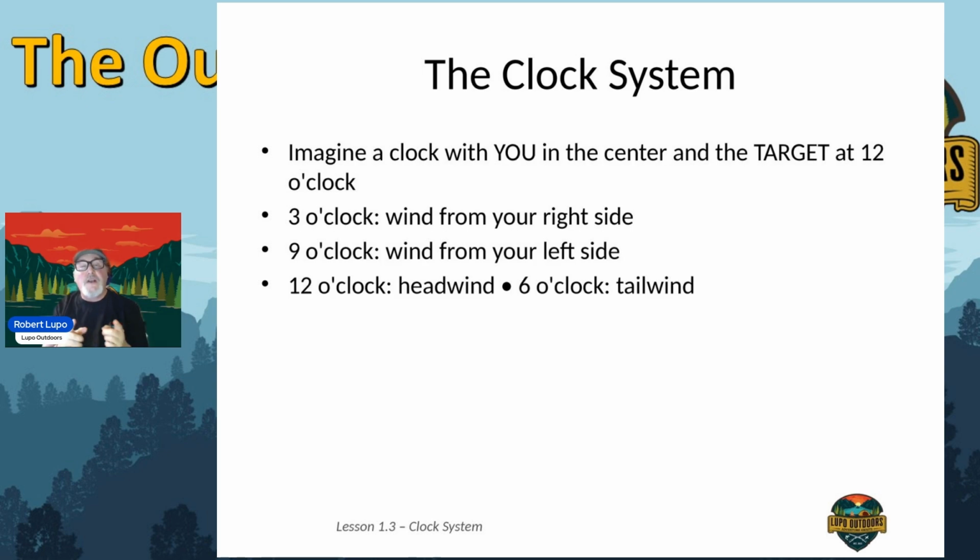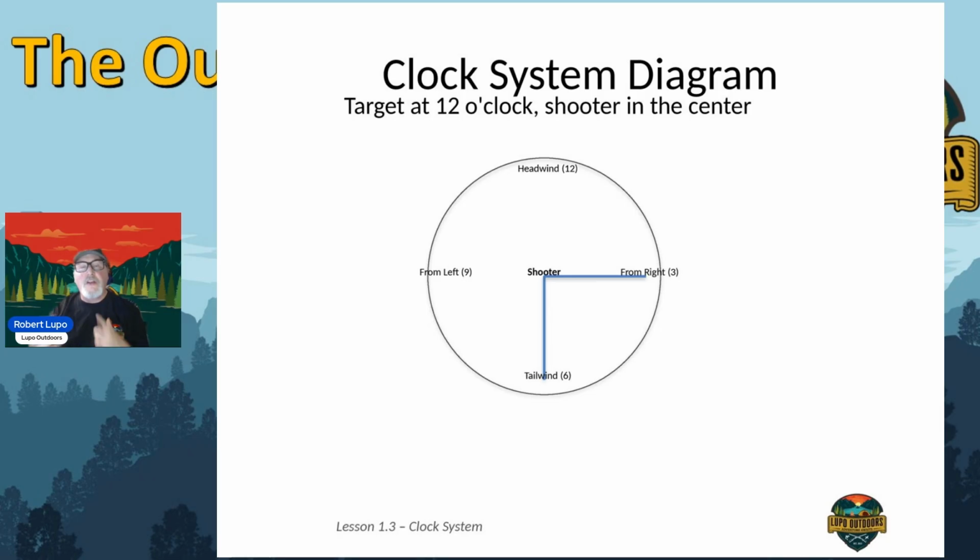This lets you and your spotter talk about wind quickly and clearly. If both of you speak clock system, there's way less confusion. Here's the clock system drawn out. You're in the middle of the clock. The target's at 12. The arrow from the top labeled headwind 12 is wind from in front of you, coming from the target.